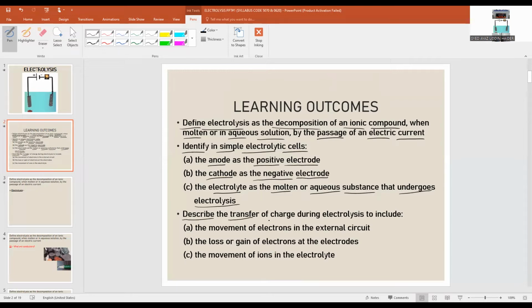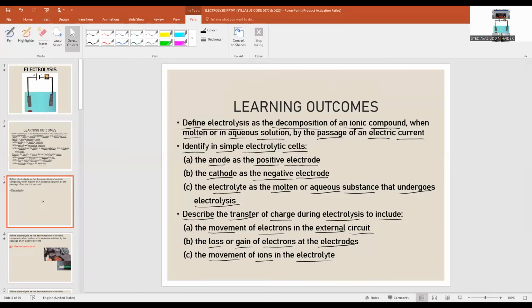Describe the transfer of charge during electrolysis to include the movement of electrons in the external circuit, the loss or gain of electrons at the electrodes, the movement of ions in the electrolyte.